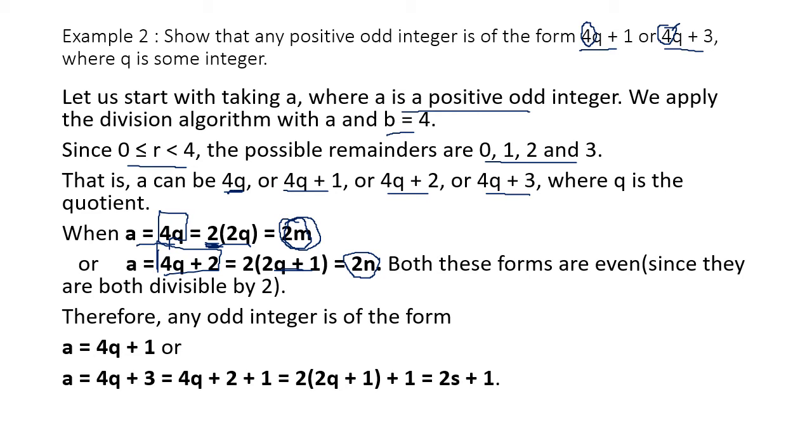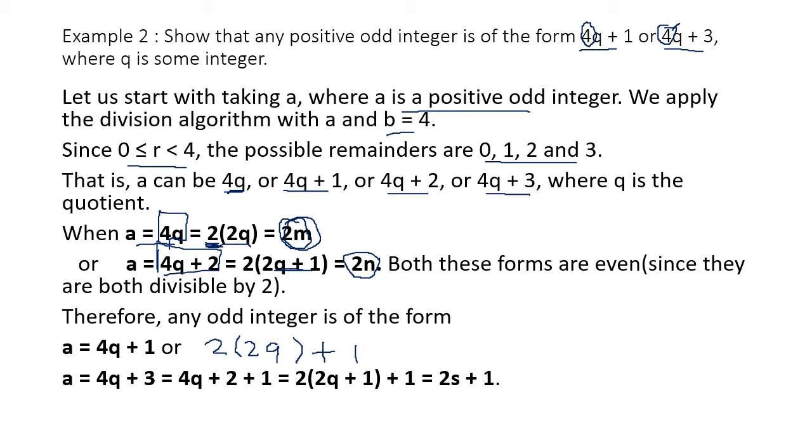Now look at this one. A equal to 4q plus 1. So what can you write 4q plus 1 as? You can write it as 2 into 2q. What I have done is written 4q as 2 into 2q, right? But the plus 1 remains outside the bracket. Notice 4q plus 1 is written as 2 into 2q plus 1.